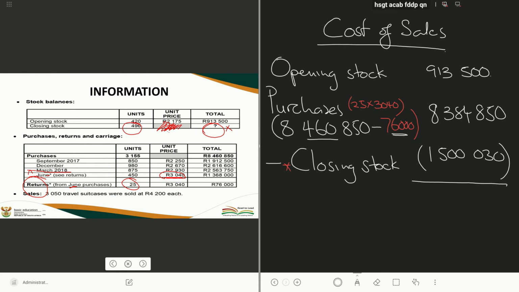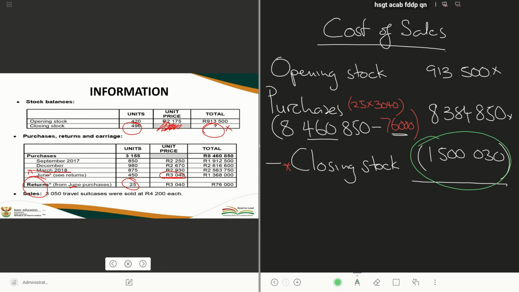You're now going to say 913,500, which is this one. Then you're going to say plus, you're adding 8,384,850, all right? And then remember now to subtract. What are you subtracting? You're subtracting your closing stock.